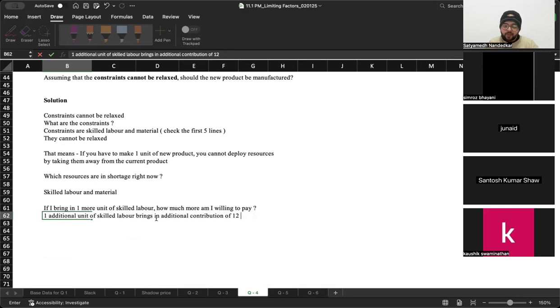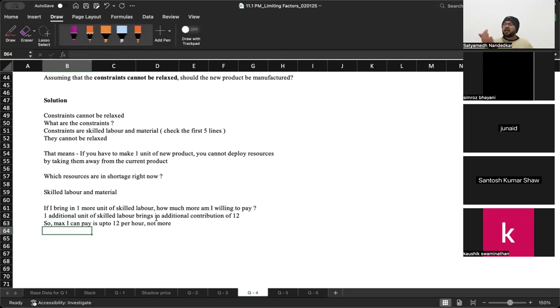So max I can pay is up to 12 per hour, not more. Because usse zyada if I pay 13 per hour, then I am putting myself in a net loss position. I am spending 13 extra and I am getting 12 extra. So that doesn't work for me. This is what works for me.